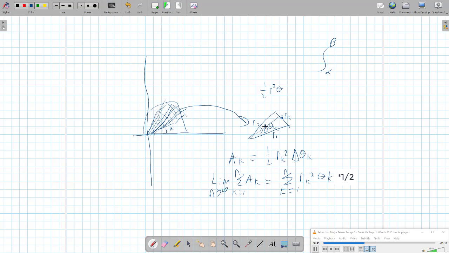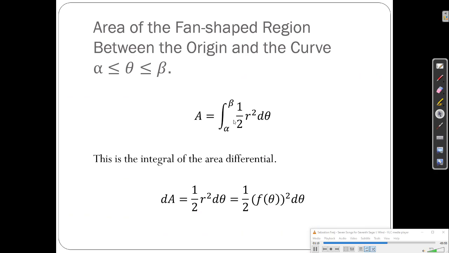Basically, as the partition of your angle goes to 0, you get an integral, the integral from alpha to beta of 1/2 r squared d theta. It's r of theta, but r squared d theta. So that's where we get our formula, alpha to beta of 1/2 r squared d theta. We might use this area differential for other things later, because this is basically how you calculate area with a Riemann sum.